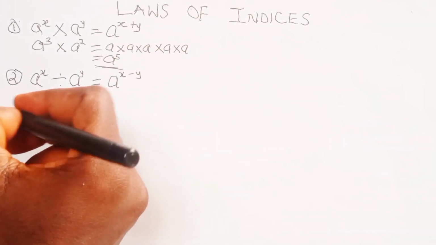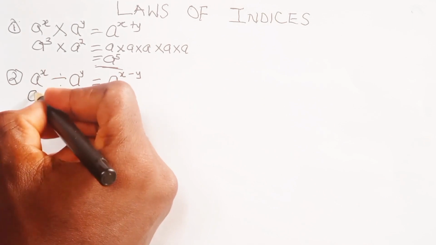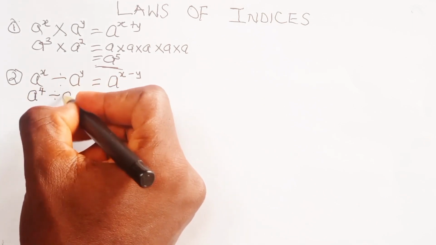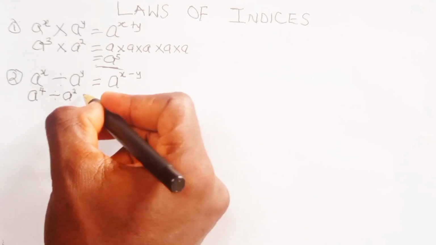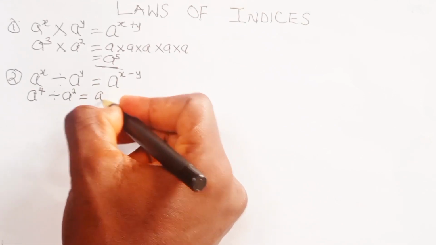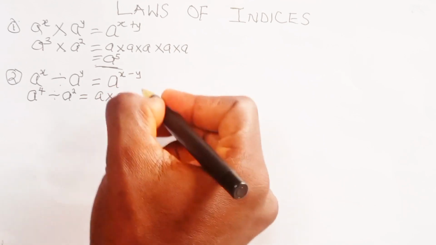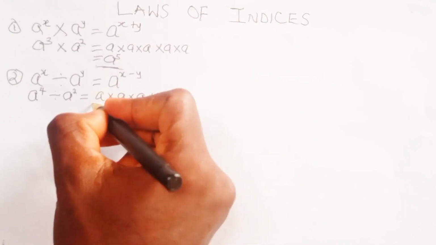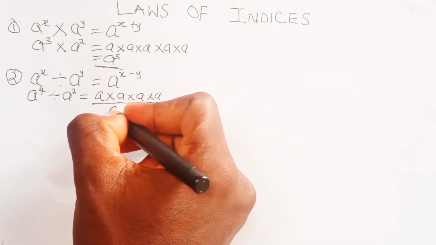So I can take a quick example to buttress that. If I'm given a raised to power 4 divided by a raised to power 2, that simply means that I have a into four places divided by a into two places.